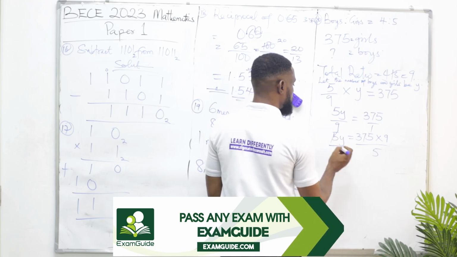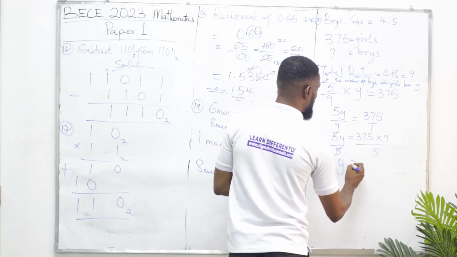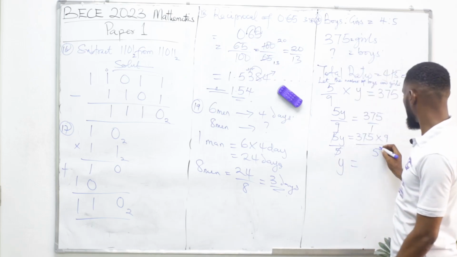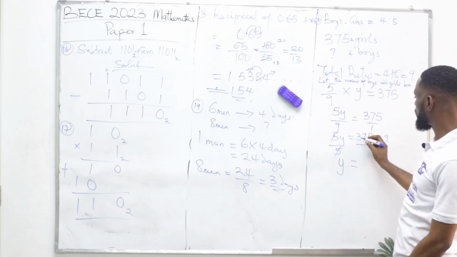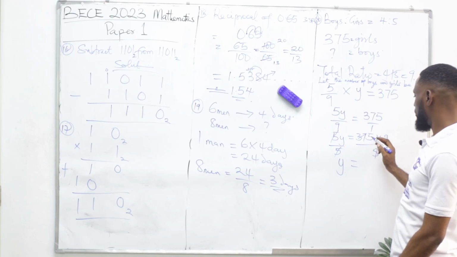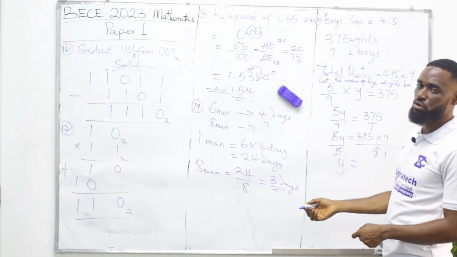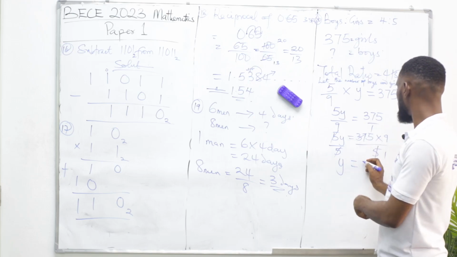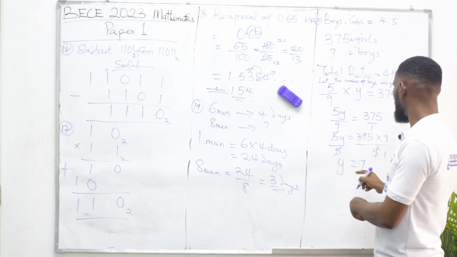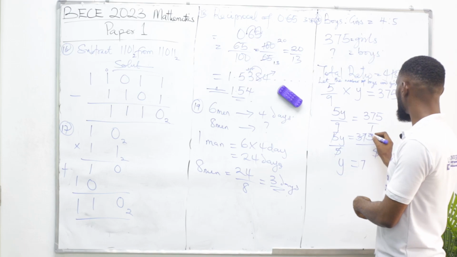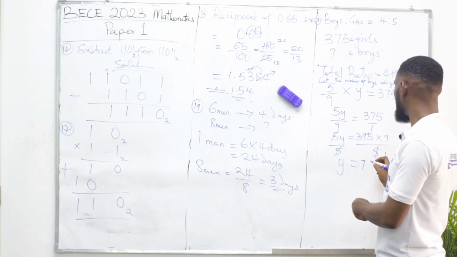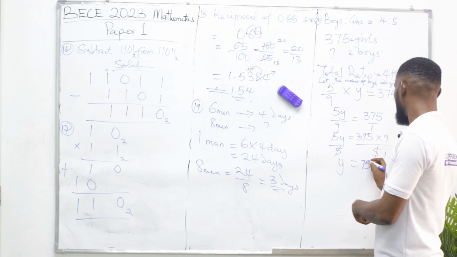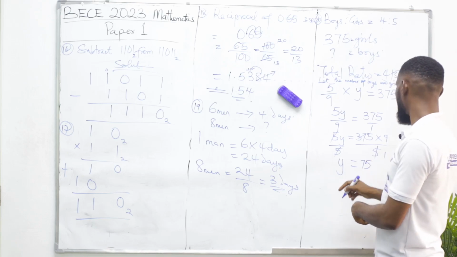So this removes the 5, and y will now be equal to, let's see what we have here, 5 into 37 will give us 7 remainder 2, because 5 into 35 is 7. Then we add the remainder 2 to 5, it becomes 25. 5 into 25 is 5. Do you get that now?